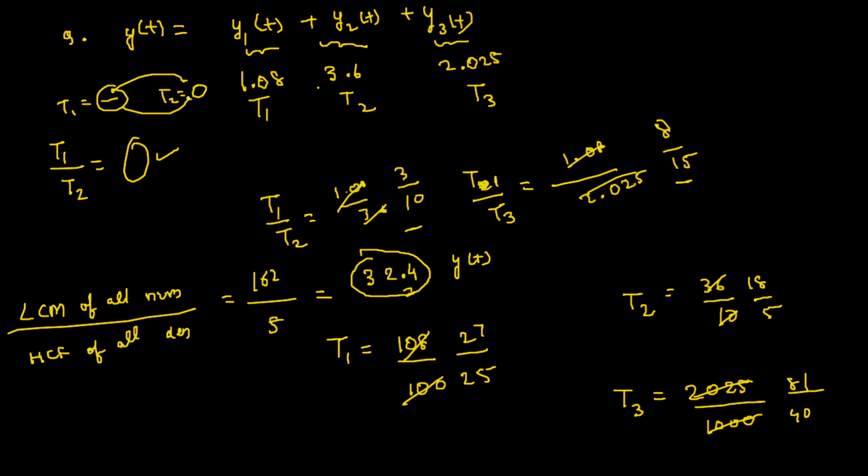Regardless of how many terms you have, the process remains the same. Express each time period in simplest fractional form, find the LCM of all of the numerators, find the HCF of all of the denominators, and divide both of them. So that gives us the periodicity of a function.